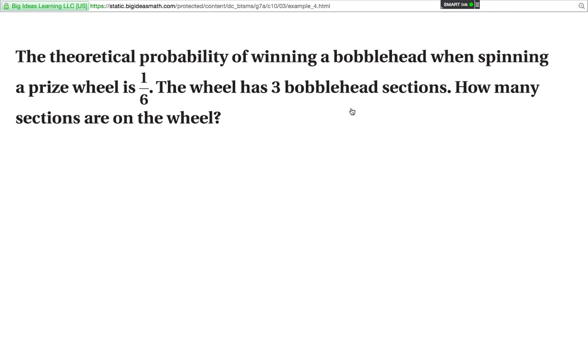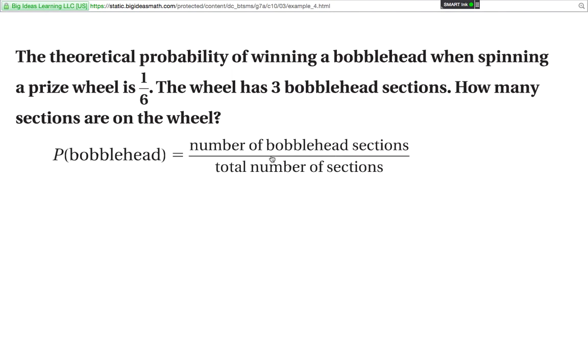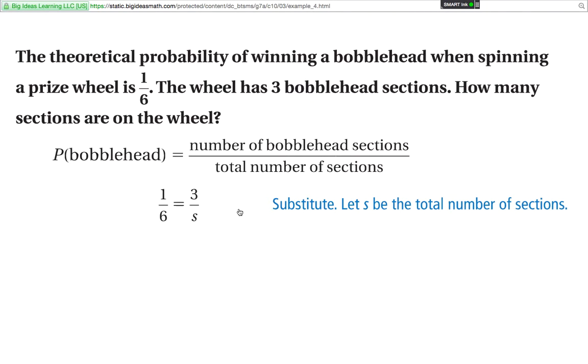So that's how many times bigger? 3. So how many total spaces will there be? If the numerator increases by 3, the denominator also has to be multiplied by 3, which would be 18. We do the same thing: 1/6 times 3 over 3, top times top, bottom times bottom, gives you a total of 18. 18 total spaces.